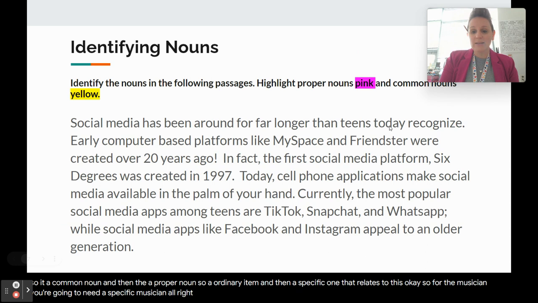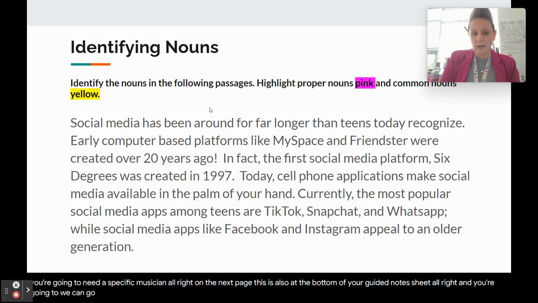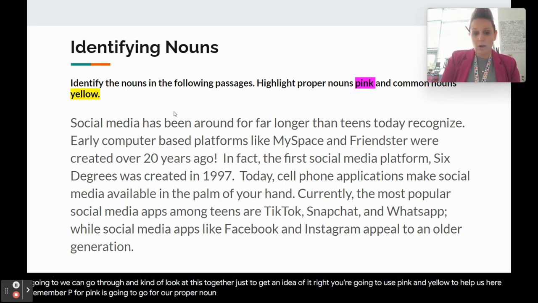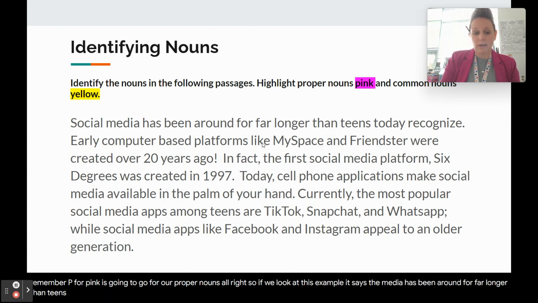All right, on the next page, this is also at the bottom of your guided notes sheet. We can go through and look at this together just to get an idea of it. You're going to use pink and yellow to help us here. Remember, P for pink is going to go for our proper nouns. If we look at this example, it says social media has been around for far longer than teens today recognize.